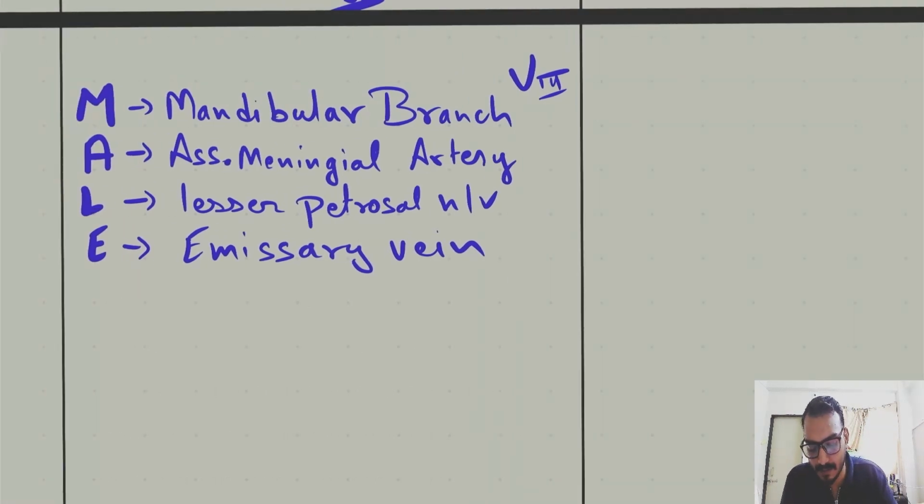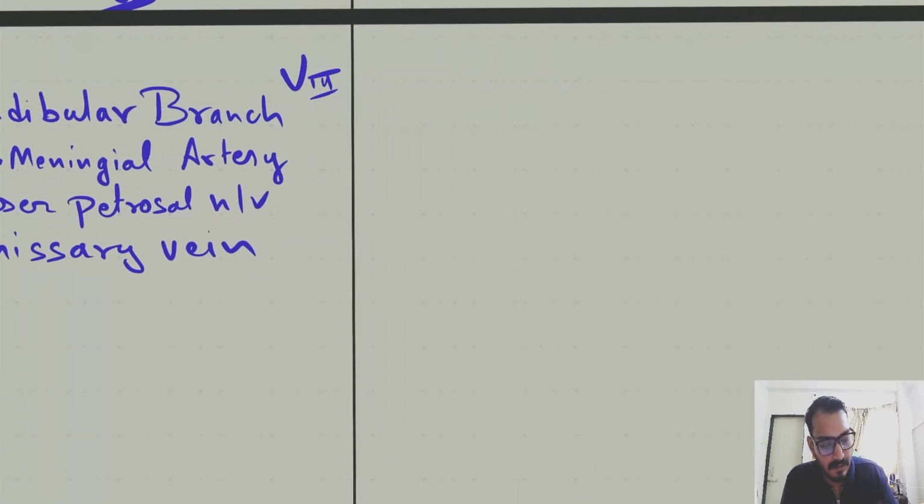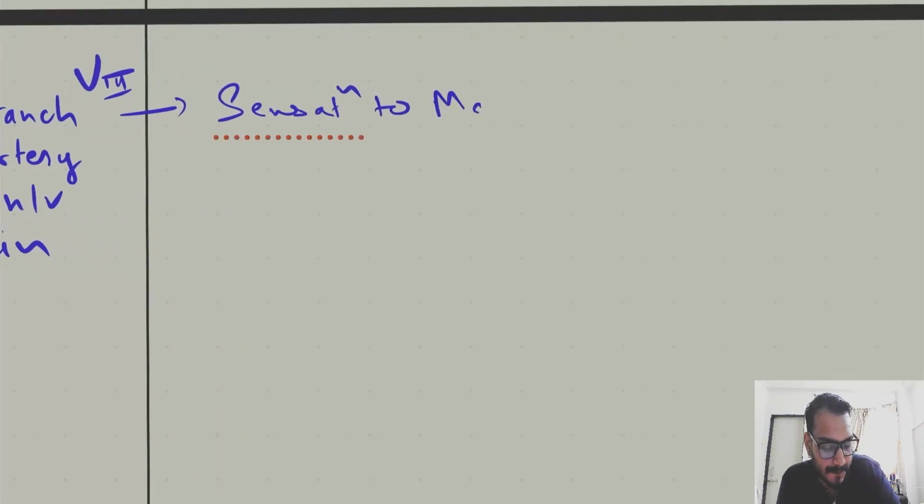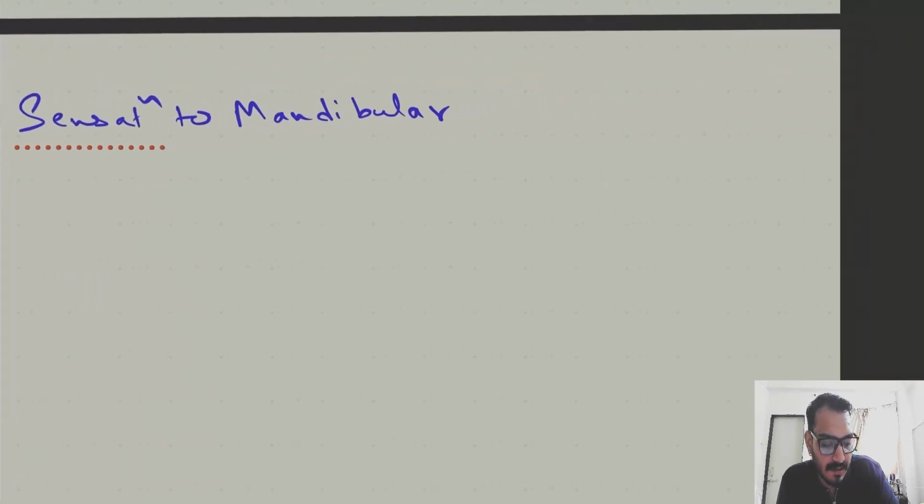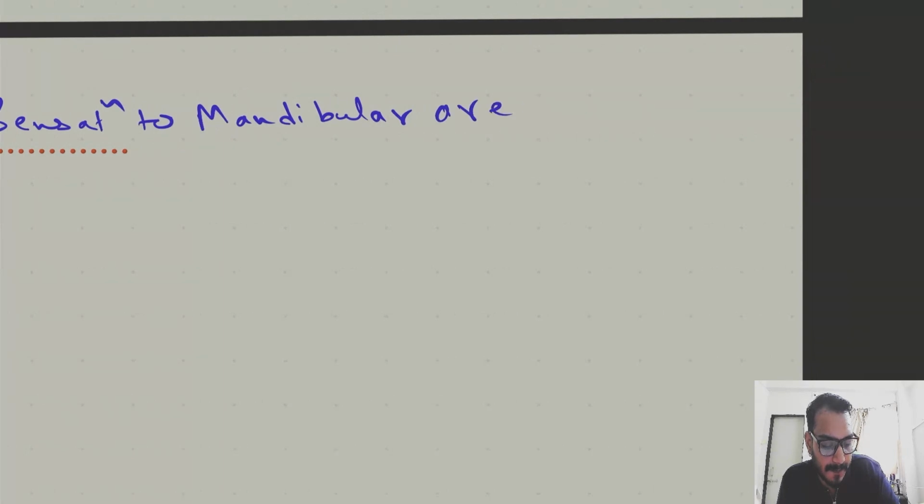Now let's come back to the mandibular branch of the trigeminal nerve. This mandibular branch gives sensation to the mandibular area.